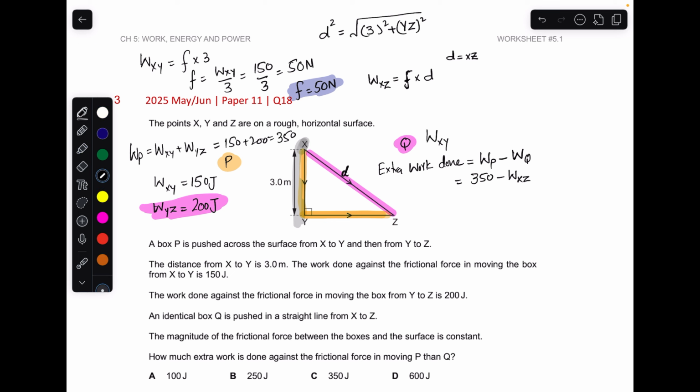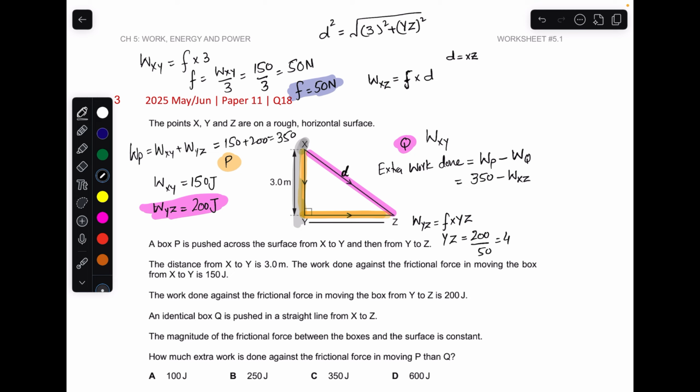Now I can find the yz. I know the work from Y to Z is frictional force, that is 50, which we have just calculated, multiplied by the yz. So yz can be written as the work from Y to Z, 200, divided by the friction, 50.